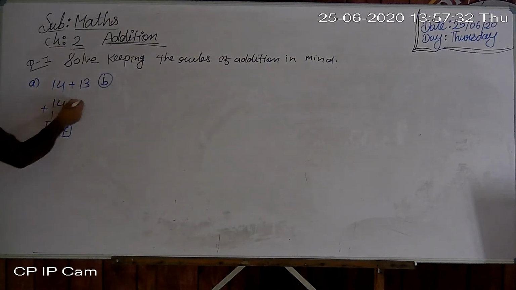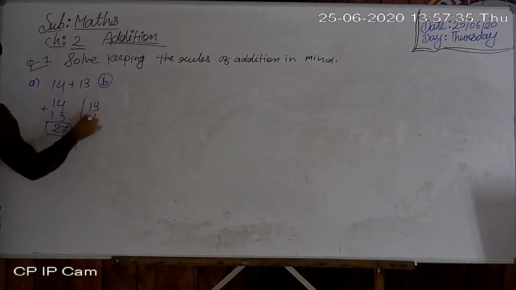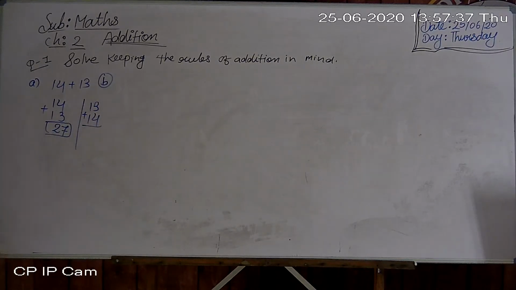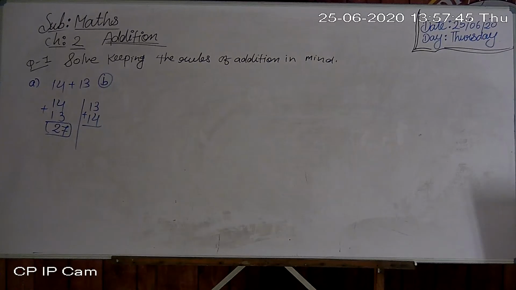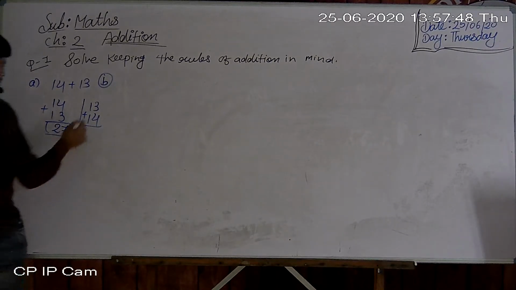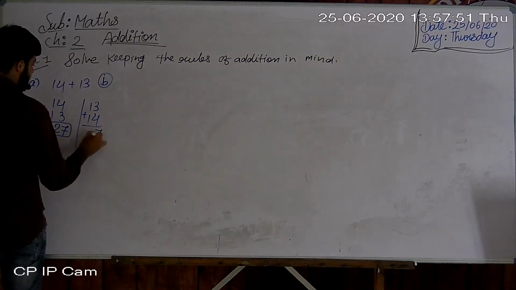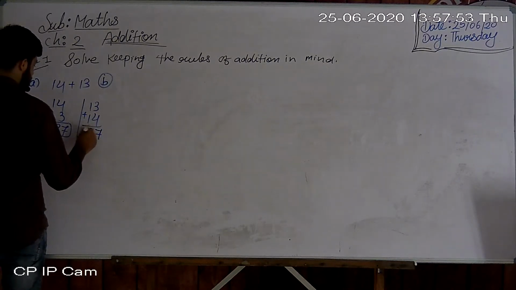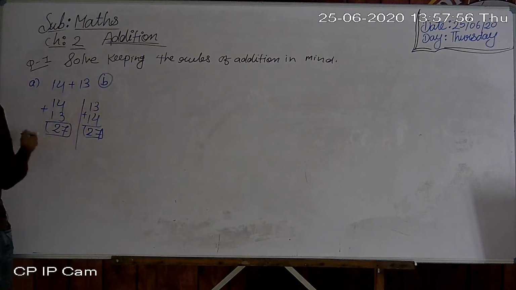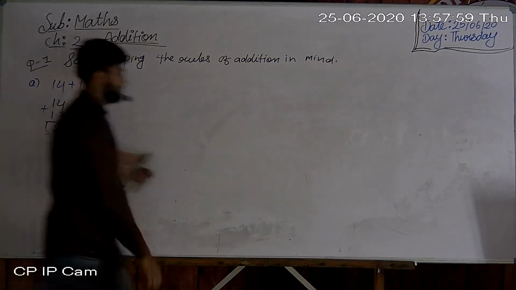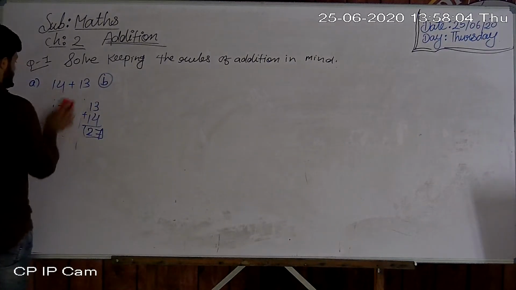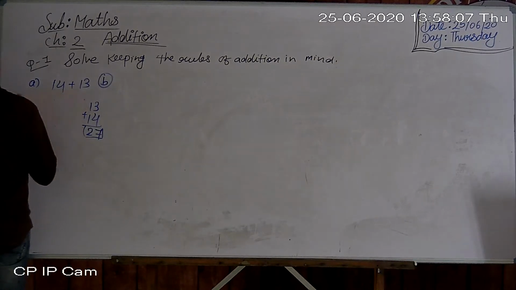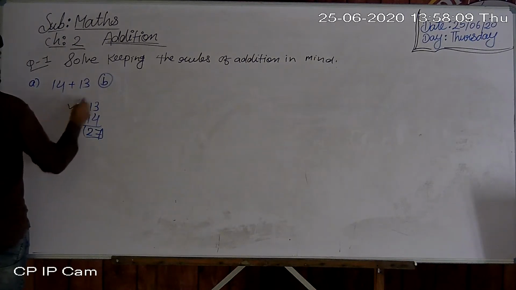We write it like this, 13 must be on top. The smaller number goes on the top side and the larger number goes below. 3 plus 4 is 7, and here is 2. This is our method, and this method is correct.